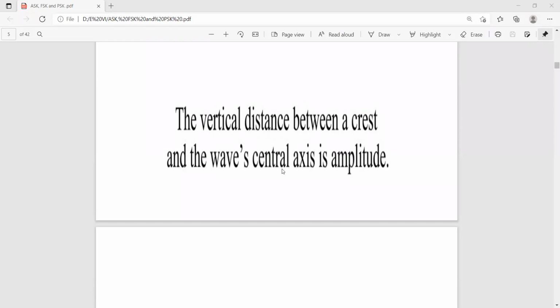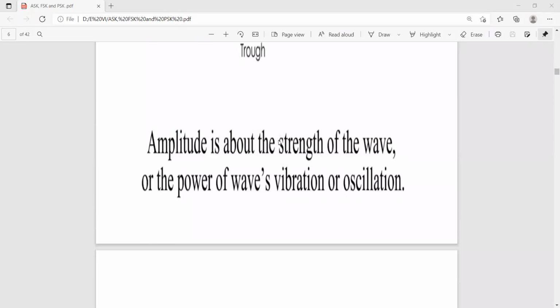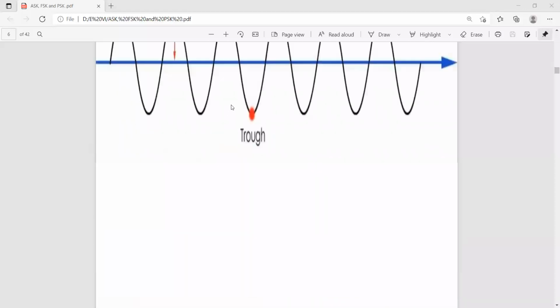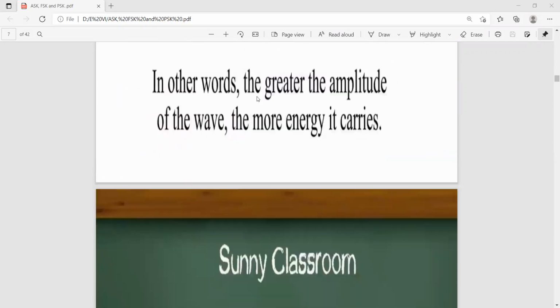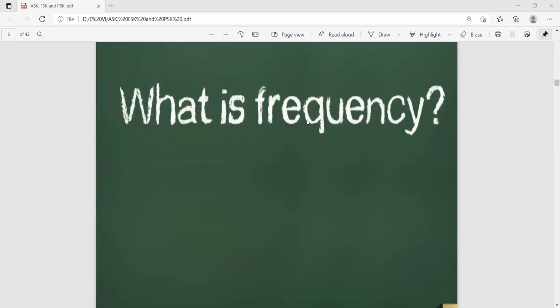It is the strength, the power of the wave's oscillation. The more the amplitude, the more power is transmitted, so amplitude plays an important role in communication. The greater the amplitude, the more energy the wave carries.